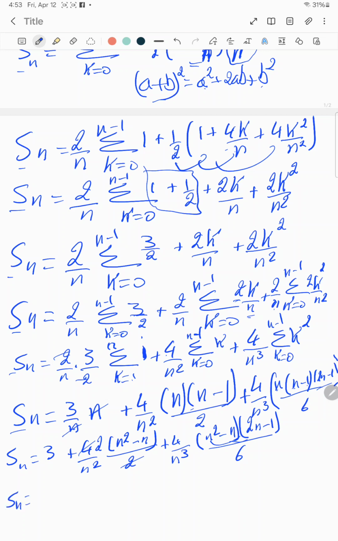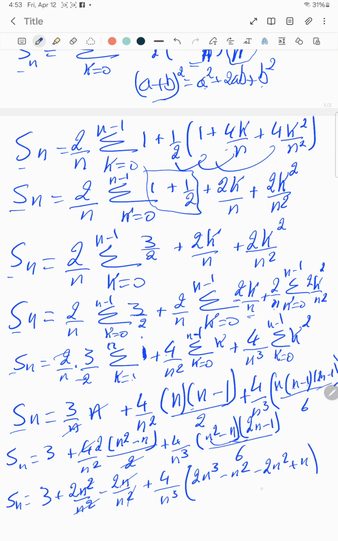So Sn equals 3 plus 2n2 divided by n2 minus 2n divided by n2. Here I can simplify this and this and this and this. It becomes 2 over n plus 4 over n3 times n2 times 2n is 2n3 minus n2 minus 2n2 plus n divided by 6.